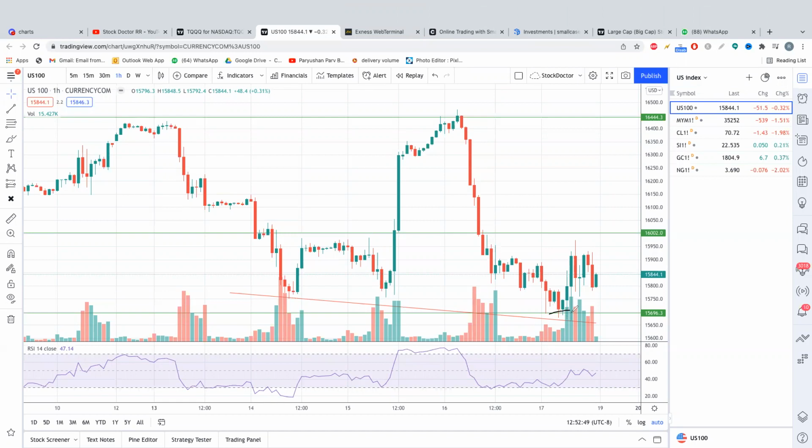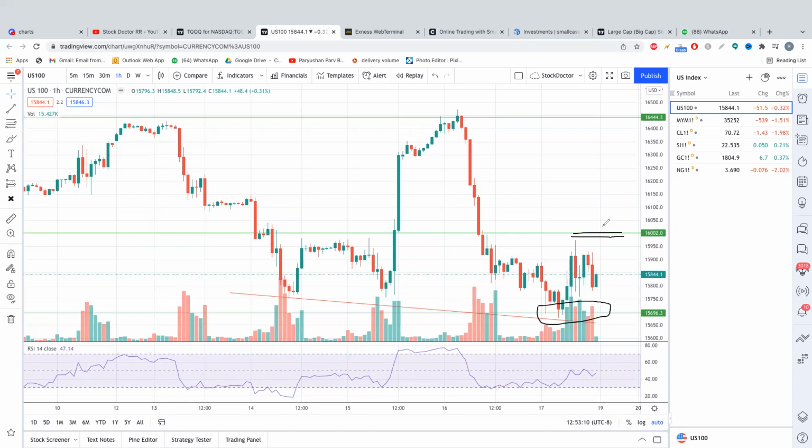And then again, it bounced from there, means buying happened from here. But now we are not sure whether this buying is strong or not. How will we understand that this buying is strong or genuine buying, right? From here it took support many times. For that, we need to wait for the index to cross above 16,000 points.